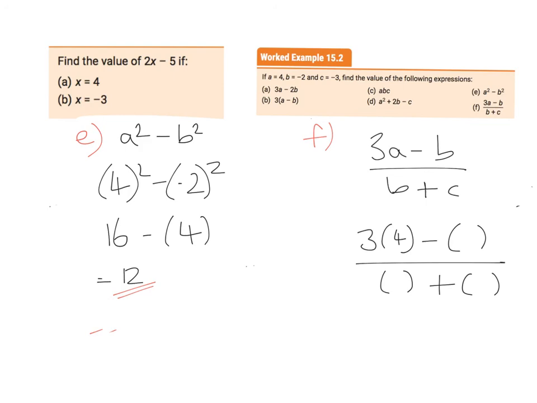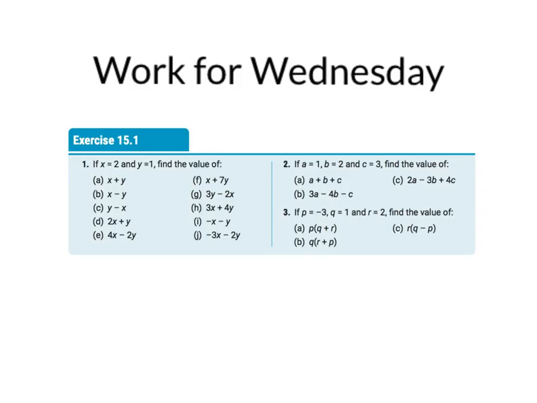Instead of B here, I'm writing in -2. Instead of B here, -2. Instead of C, -3. I'm going to do the top line first. I get 12. 3 times 4 is 12. Minus by -2 ends up giving me a +2. Over -2 plus by -3 gives me a -3. So I end up with 14 over -5.